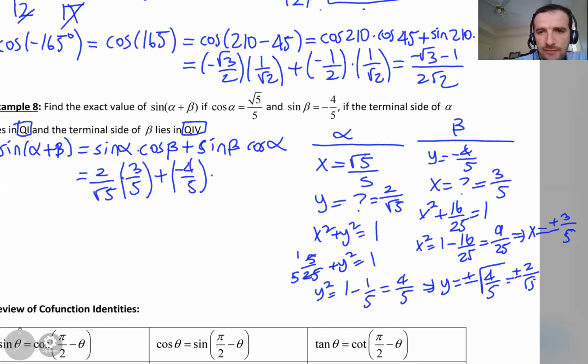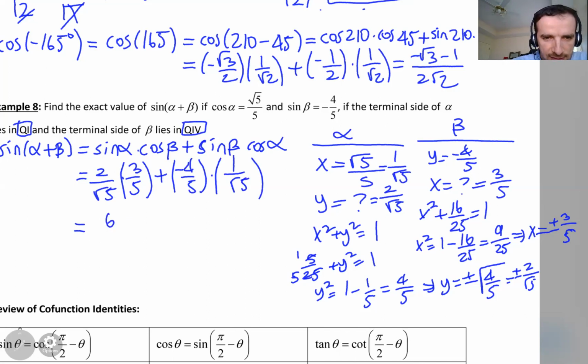Root 5 over 5. And I can simplify that by dividing both by root 5, and it will make 1 over root 5. So times 1 over root 5. If I multiply these fractions, 2 times 3 is 6.